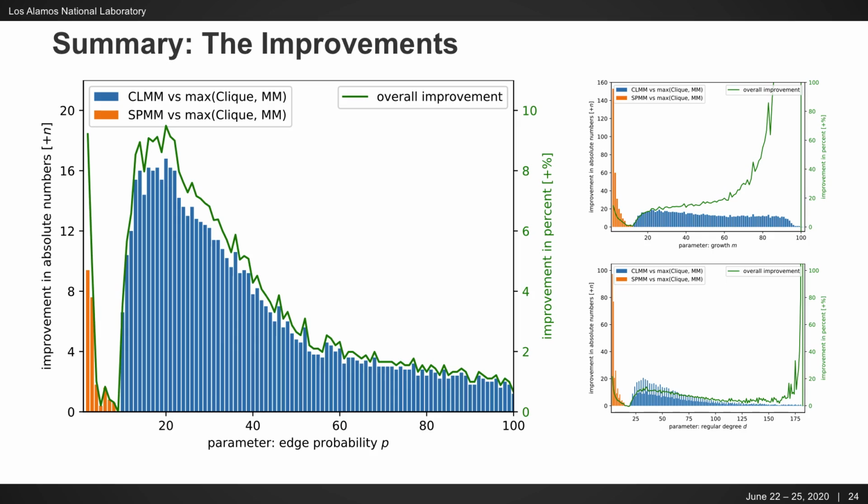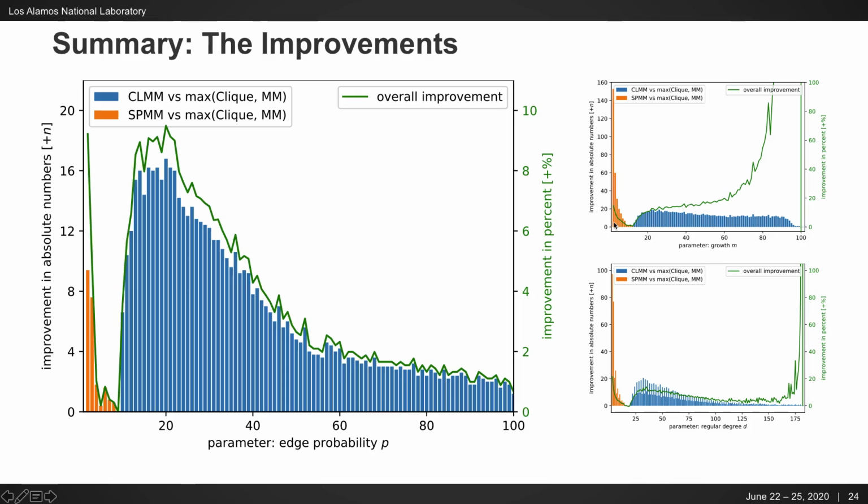The picture is slightly similar, but also slightly different for Barabási-Albert graphs and d-regular graphs. So here, the spring-based MinorMiner adds a huge number of larger graphs that can now be embedded. The difference between these two and GNP graphs is that they can get much, much sparser.